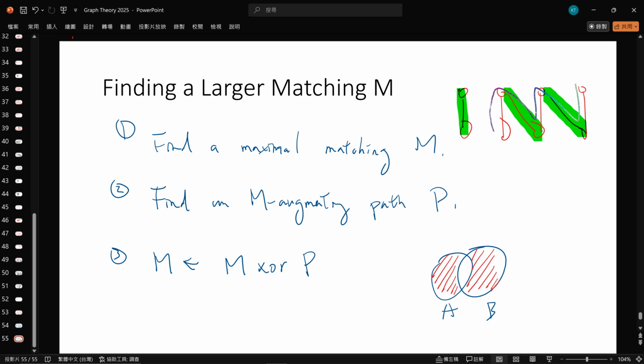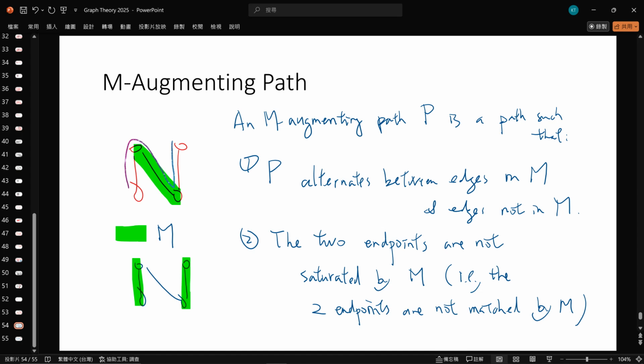So this is an M augmenting path. Why? First of all, it alternates between edges in the matching and edges not in the matching. Secondly, the two endpoints of this path are not saturated, or not matched, by the green matching M. So it satisfies both properties. Therefore, it is an M augmenting path.